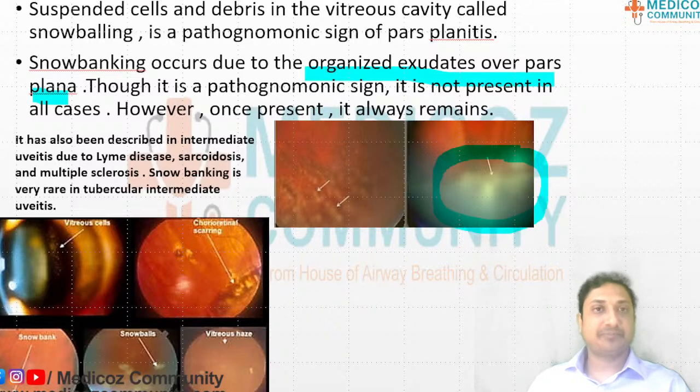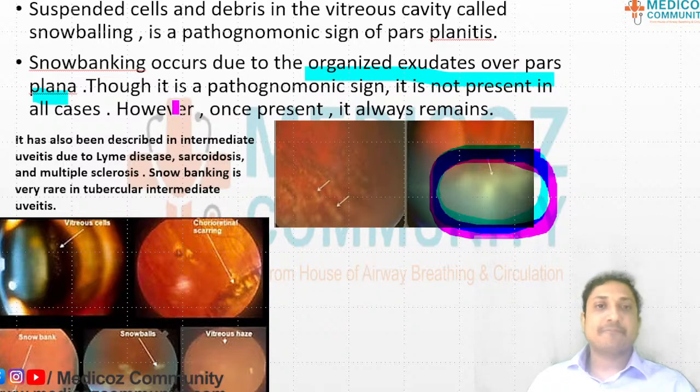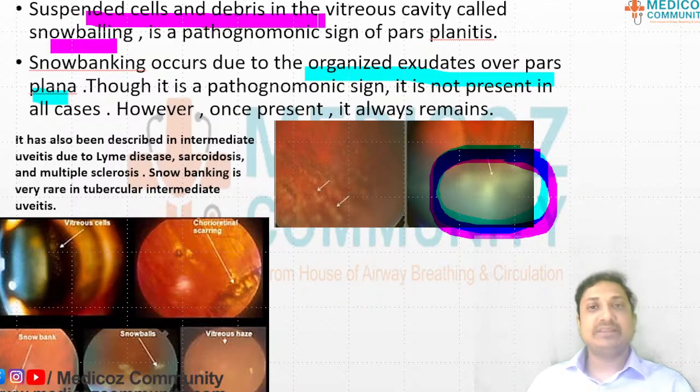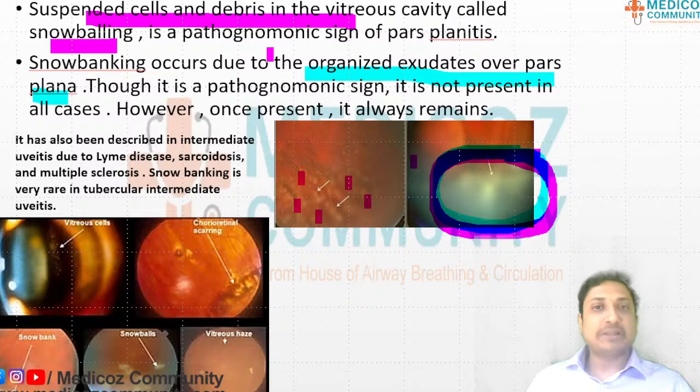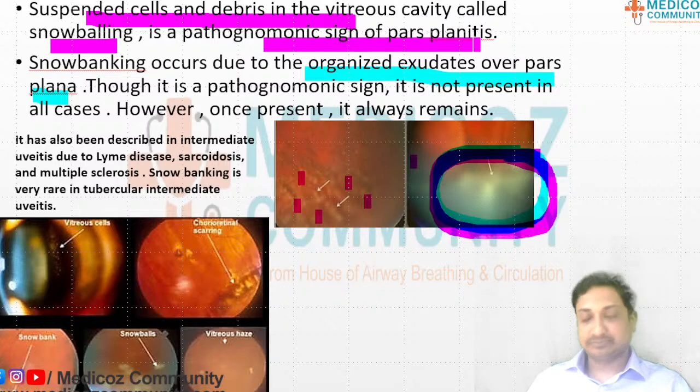See in this figure, this is called snow banking. While snowballing, these are suspended cells and debris in the vitreous cavity. See, these are some cells here. These are suspended in the vitreous cavity. It's a pathognomonic sign of pars planitis.